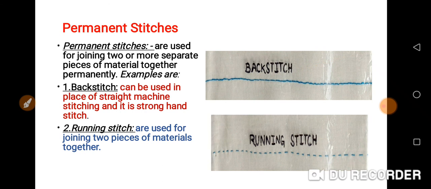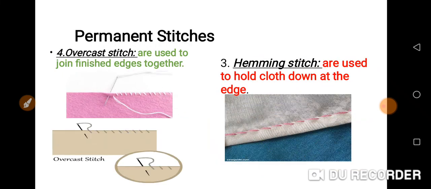Now when you talk about permanent stitch, I said examples are back stitch, running stitch. We still have overcast stitch and hemming stitch.